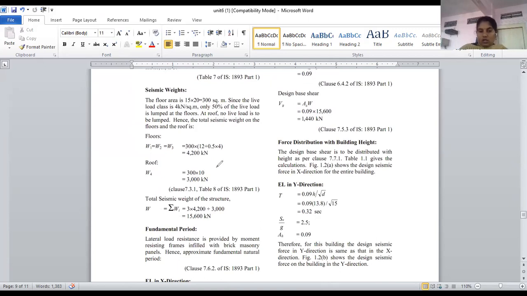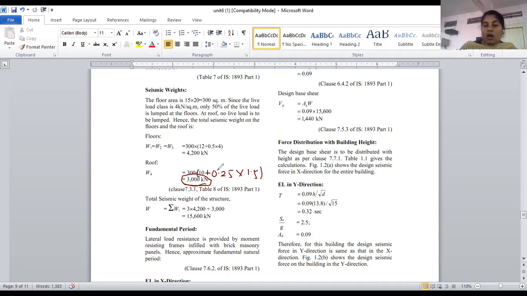So how to add this? 300 in bracket, plus 10 plus 0.25 into 0.25 into 1.5, and in this way we can add and directly write the total load which is coming on that floor is equal to 3000 kilonewton. Okay, you can calculate this.